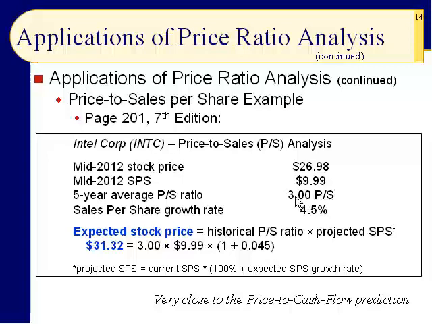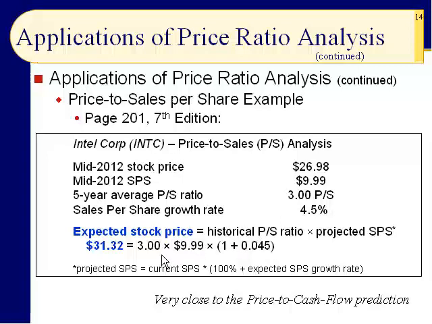And going back 5 years, the price to sales ratio was 3.00. The analysts, or Intel, tells us, or we think, the sales per share is going to grow at 4.5%.